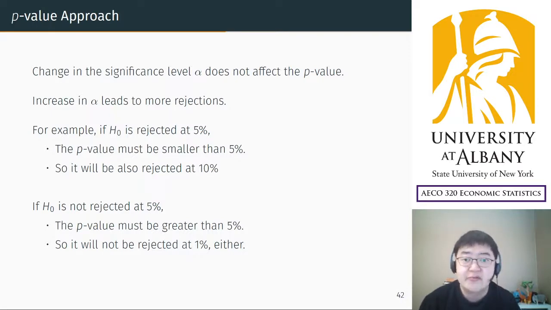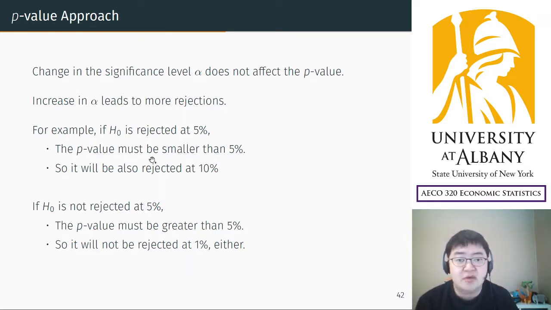For example, if your null hypothesis is rejected at 5%, the rejection may have happened based on other decision rules like the t-statistic or critical values. But anyhow, if you calculate the p-value from this data, the p-value must be smaller than 5% if the decision was correct.